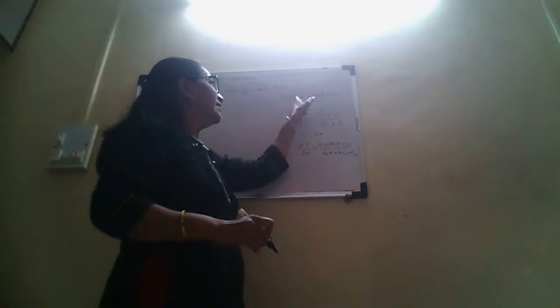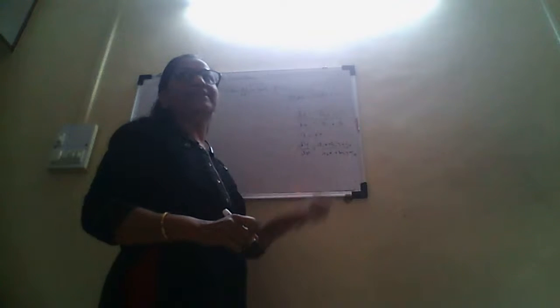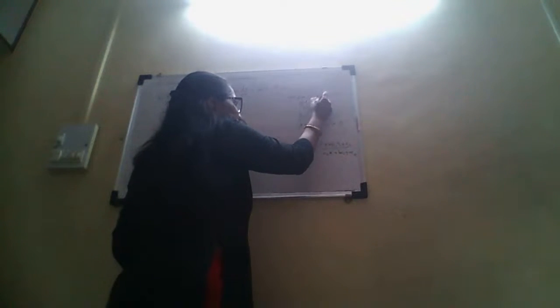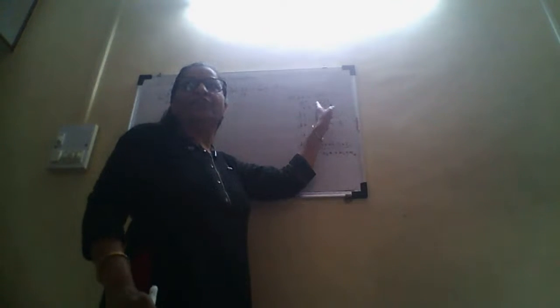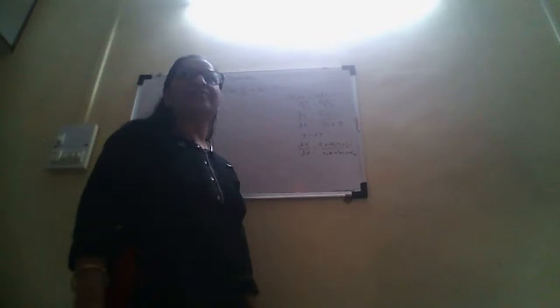This differential equation is said to be exact if it satisfies the condition del M by del y is equal to del N by del x. We already studied all this. If so, then we directly find the solution.